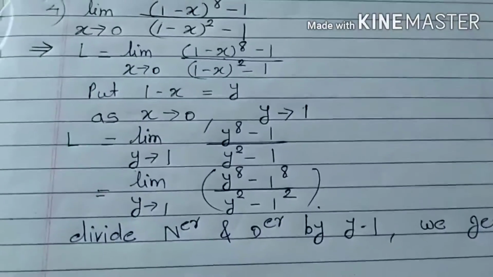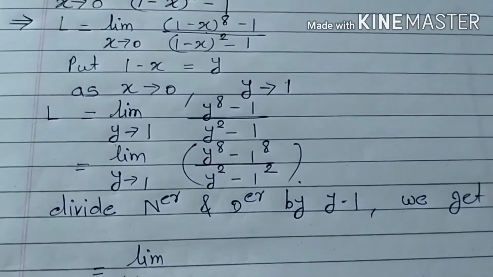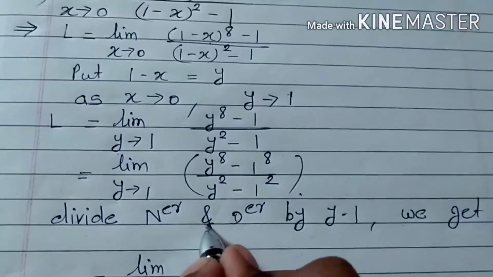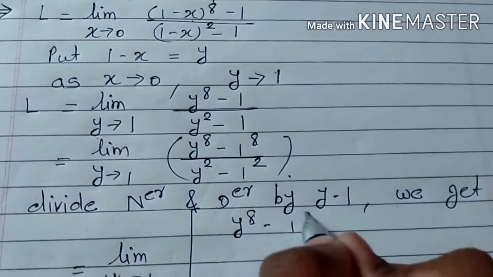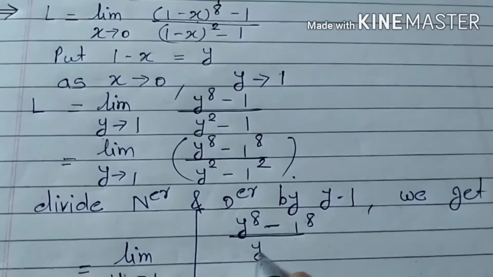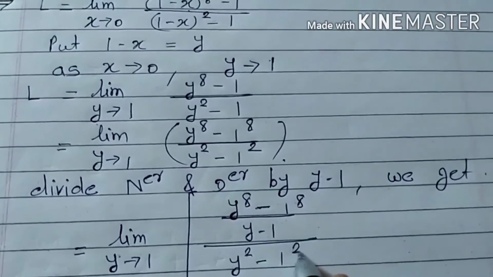So here we divide: limit y tends to 1, y raised to 8 minus 1 raised to 8 upon y minus 1, upon y square minus 1 square upon y minus 1.